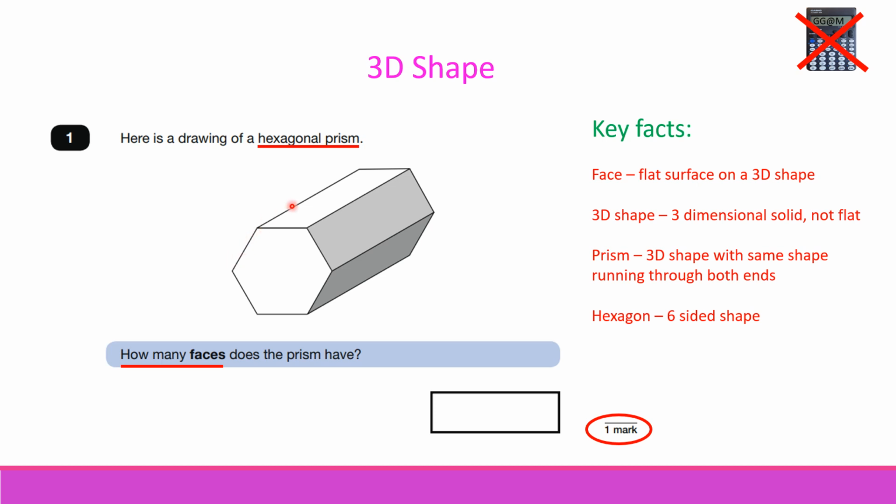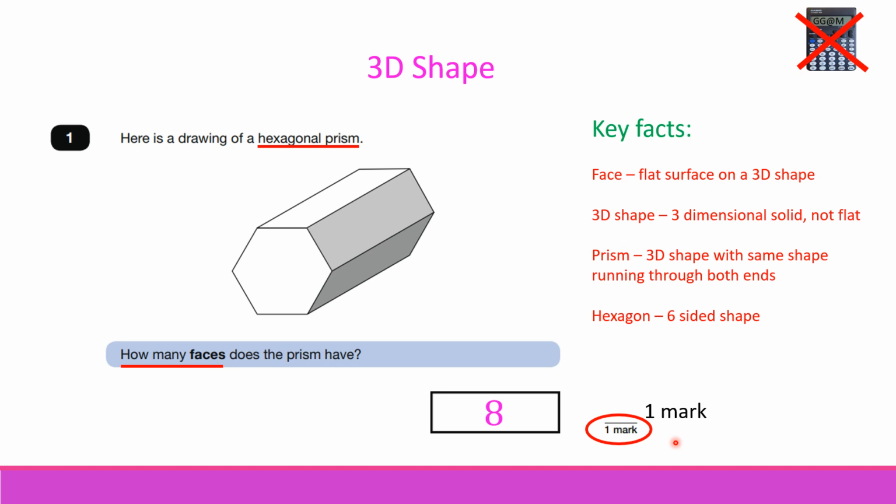So in total there are going to be 6 rectangles going around this prism. Then you've got this hexagon at the front, and you will also have a hidden hexagon at the back. So you've got 6 round the edge, 1 at the front, 1 at the back. So 6 plus the 2 gives you 8, and that will give you 1 mark in the exam.